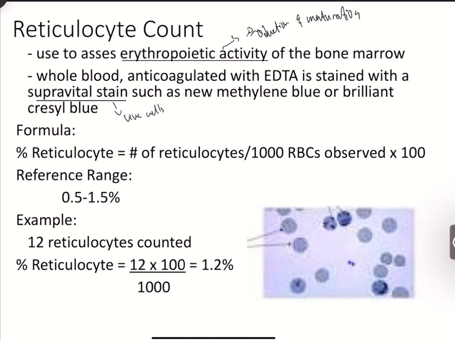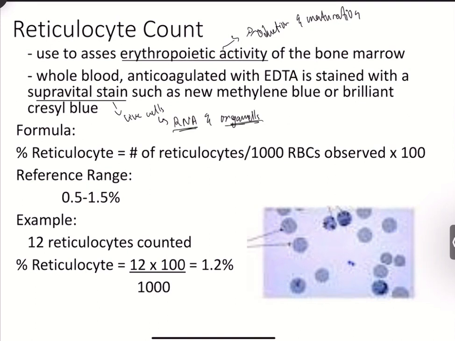In counting your reticulocyte count, the supravital stain will stain live cells, especially your RNA and remnants of your organelles. That's why the RBC will appear with inclusions of RNA and organelles, because they take up the supravital stains.